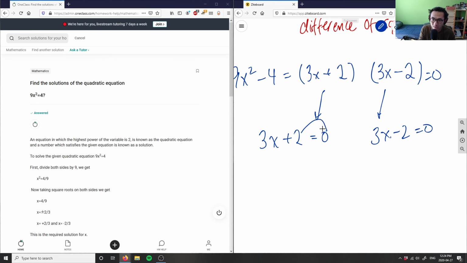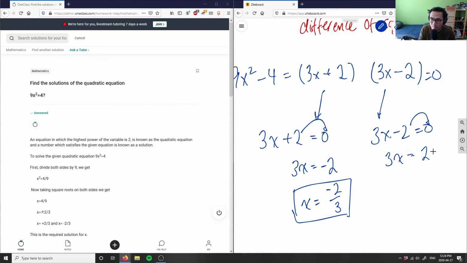I'm going to move 2 to the other side, so I have 3x equals negative 2. If I divide both sides by 3, I get negative 2 over 3. Here is my first solution. Then for 3x minus 2 equals 0, I move 2 to the other side, which becomes positive 2. Dividing both sides by 3, I get 2 over 3. So x equals plus or minus 2 over 3, which is my correct answer.